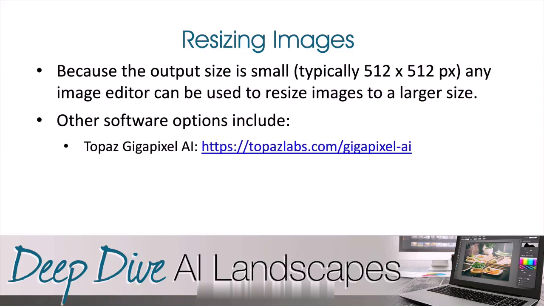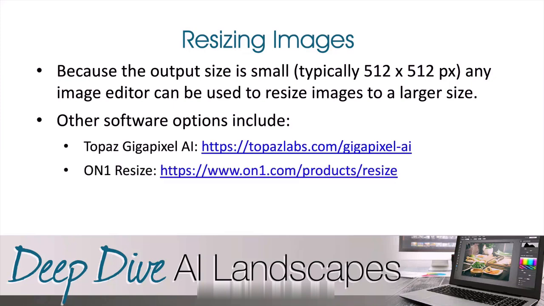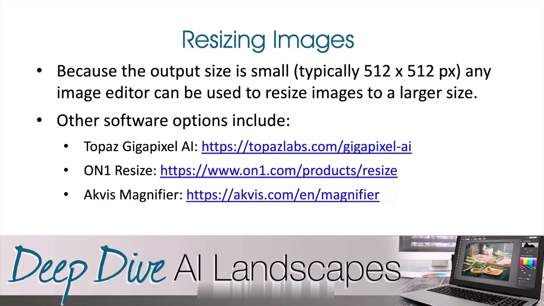It's part of their studio, or you can pick it up separately, of course. ON1 Resize is also another great option. I don't have the most recent version of this, but I have used this a number of times before. As a matter of fact, I used this before I got Gigapixel, and it works extremely well.